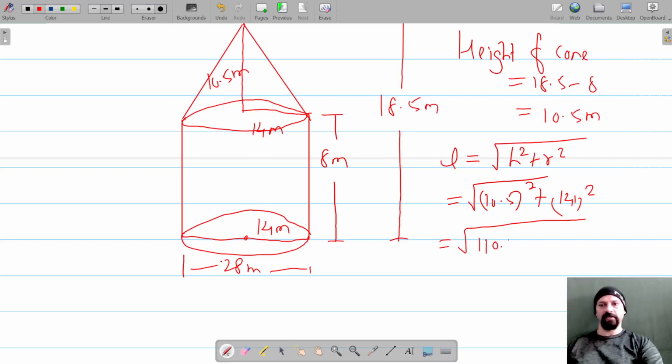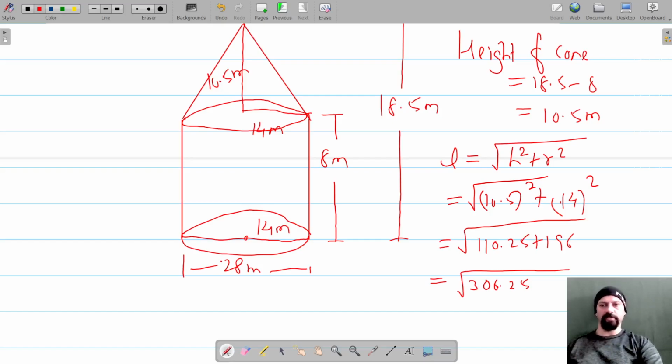Square of 14 is 196. So 110.25 plus 196 gives me 306.25, and square root of 306.25.